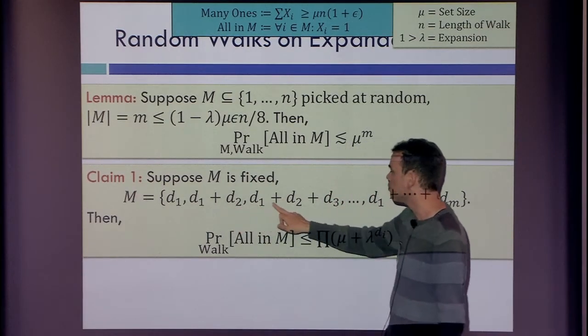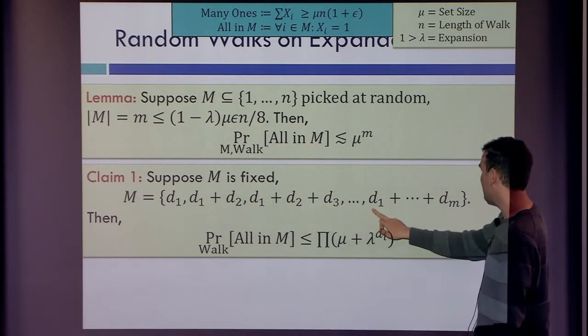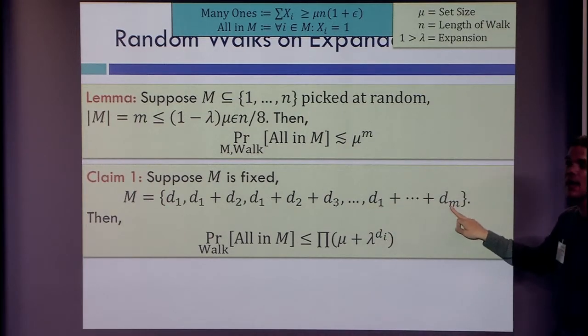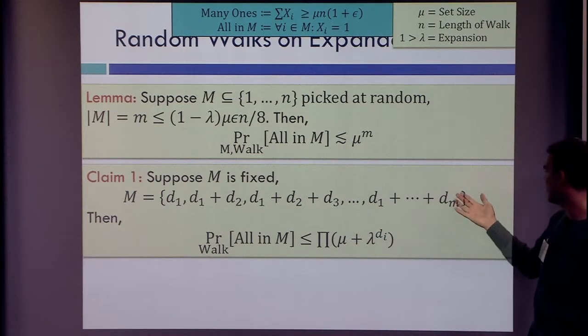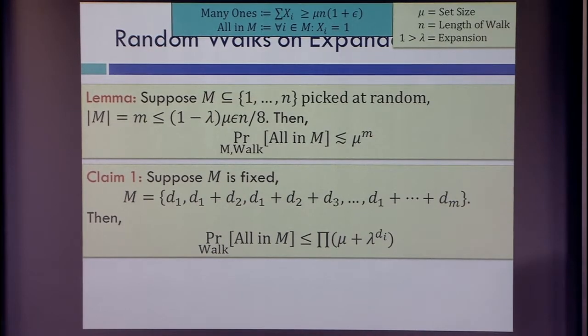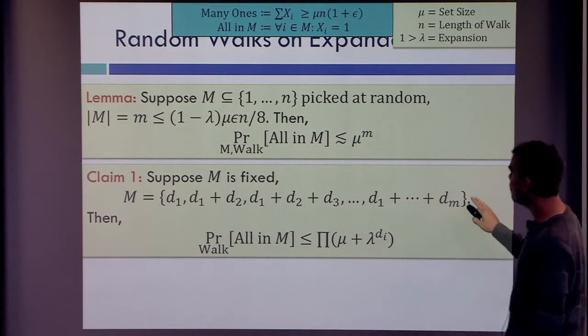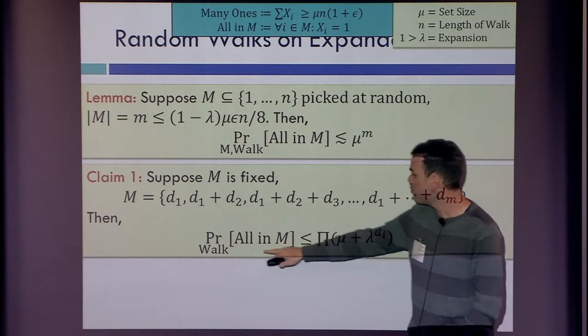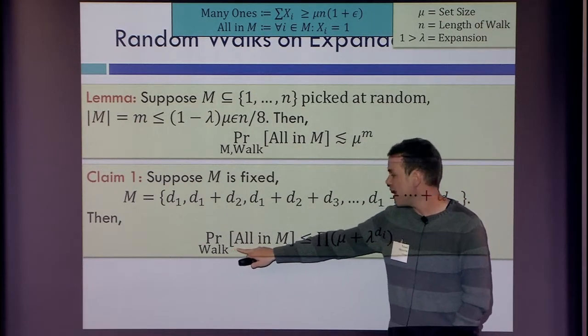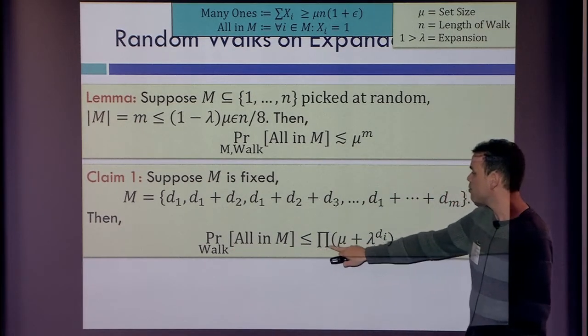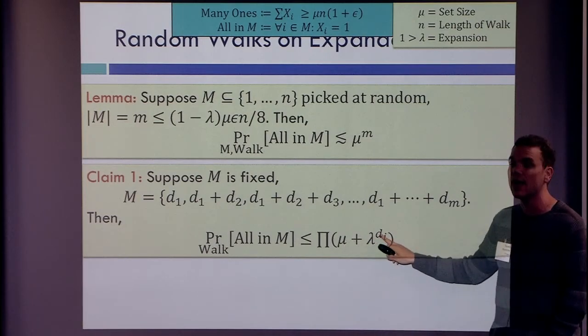The third element is D1 plus D2 plus D3. The last element is D1 plus and so on plus Dm. I can always write the set in this way. So what I claim is, if you now fix this, and you take the probability over the walk only, that everything is in M is at most this product over mu plus lambda to the Di.